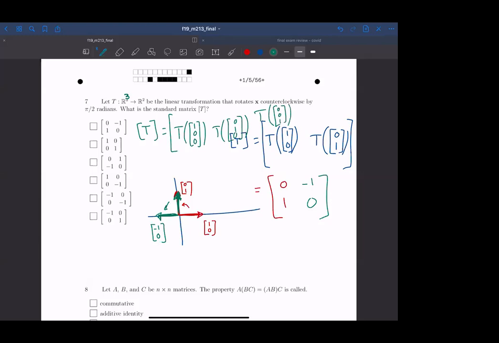Sorry, that's messy, but whenever you're looking for the standard matrix of a linear transformation, you always just plug in these special standard basis vectors, and they give you the columns. Questions on that?